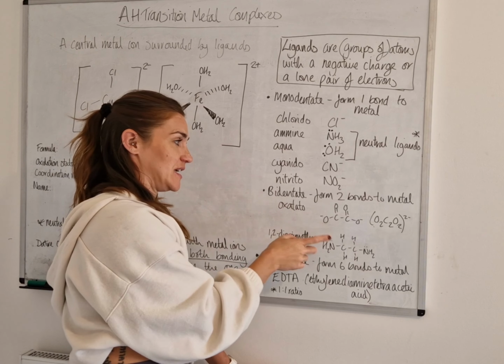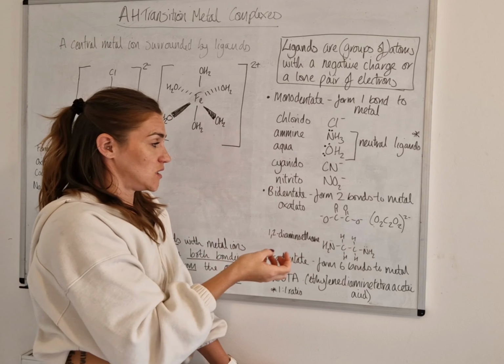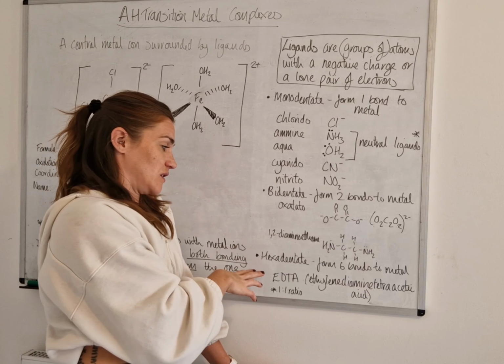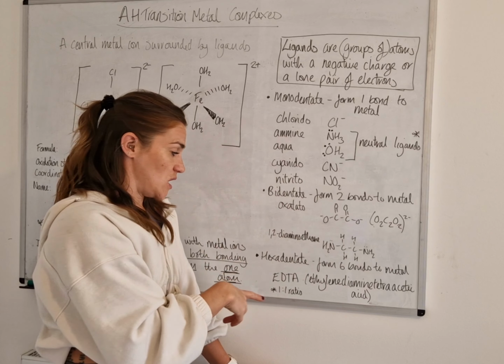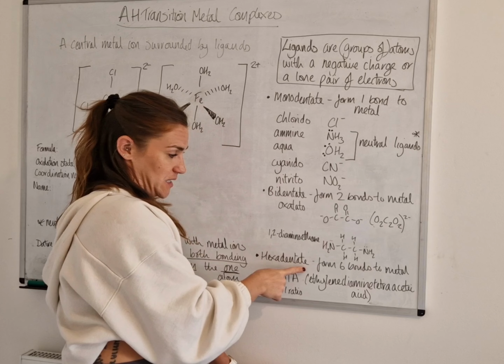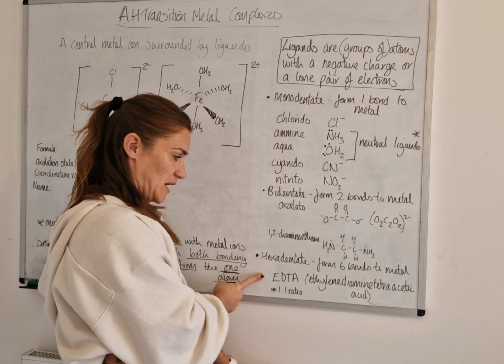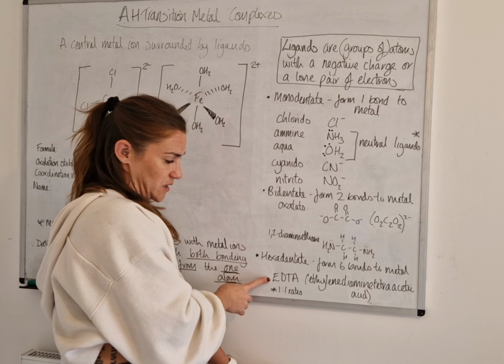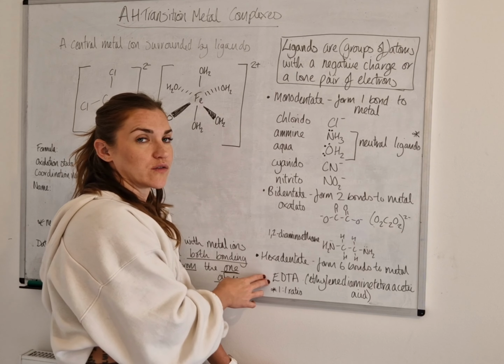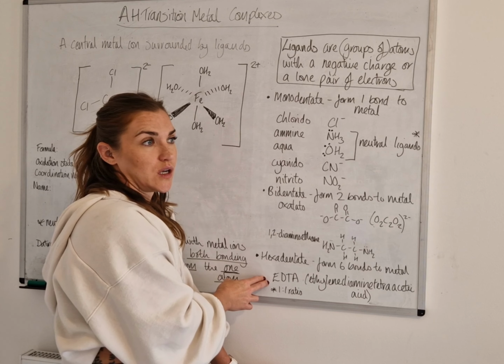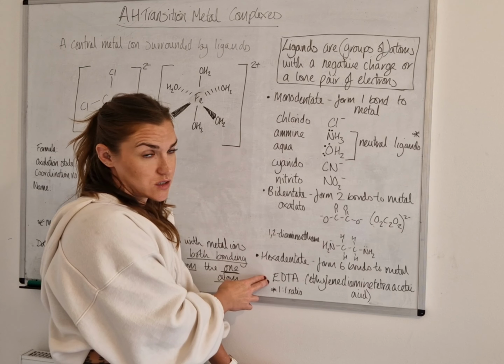Bidentate forms two bonds to the central metal, and tridentate would be three. It goes up to hexadentate, which is six, and the hexadentate ligand is EDTA, that you'll quite often use in your transition metal complexometric titrations.